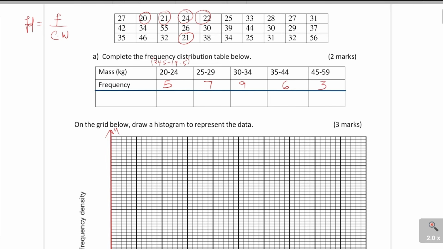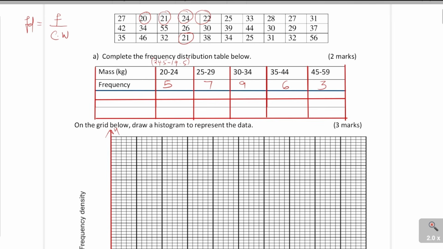So I think I'll have to add that column. Let me add the column here for the class width. For 20 to 24, to get the class width, you take 24.5, subtract 19.5, that gives 5.